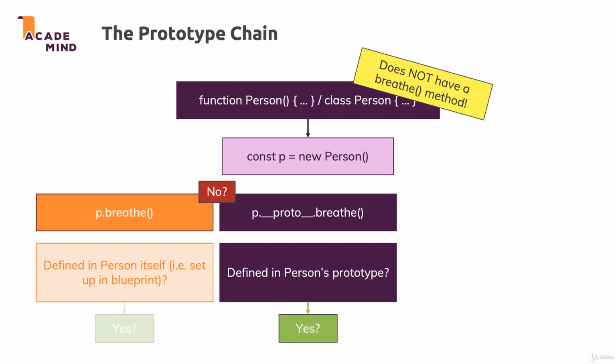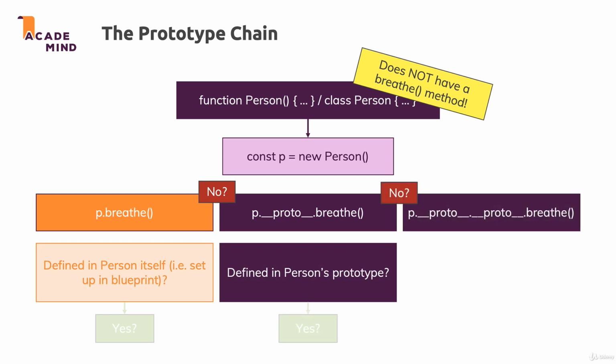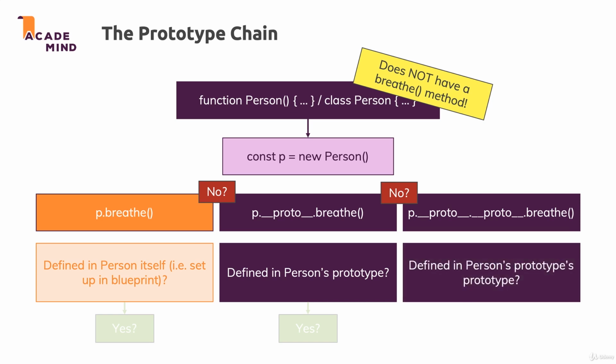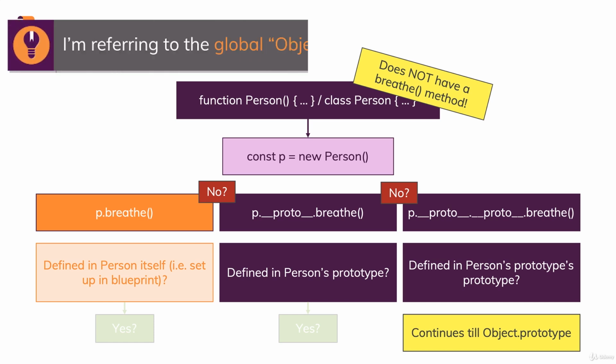And if the answer is yes, we're done. If not, we continue. We go to the prototype of the prototype, so to the base class of the base class of our object, so to say, check for the breathe method there, and we do that until we reach the end. And the last prototype we check is the prototype of this special object thing, which I also showed you earlier.